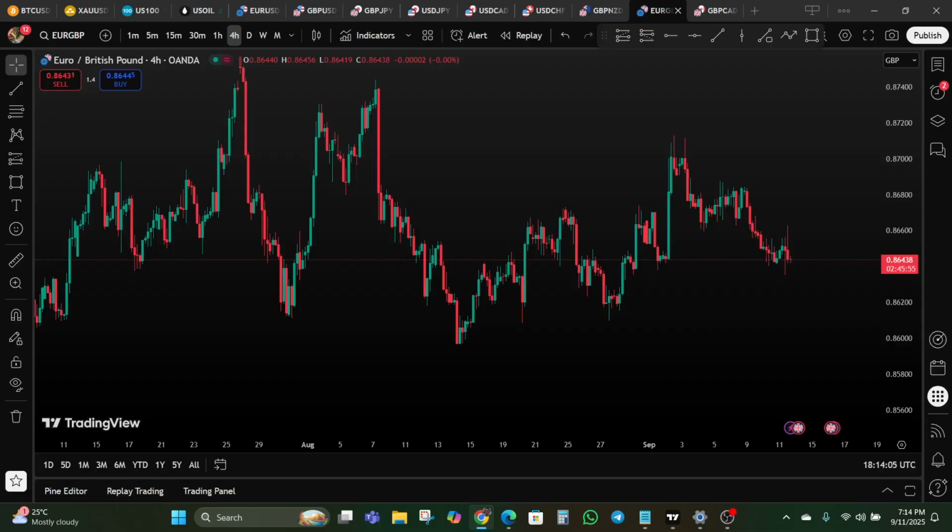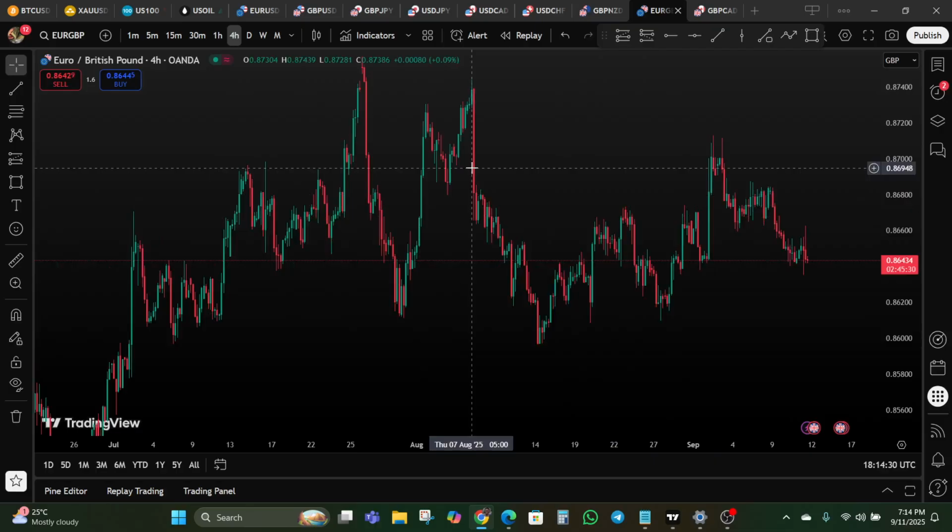We are going to focus on the ICT Reversal Strategy, one of the most effective ways to spot when the market is about to change direction. Most retail traders get caught chasing price. They see candles pushing one way and assume the move will continue.